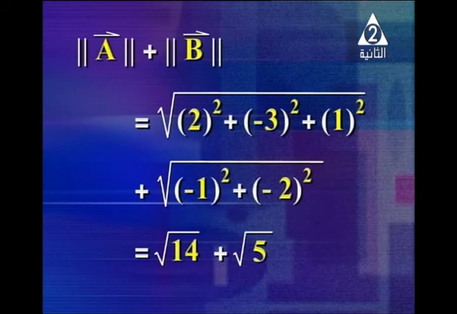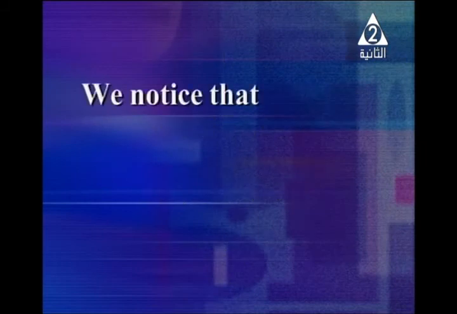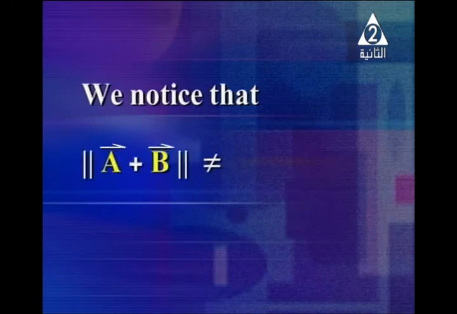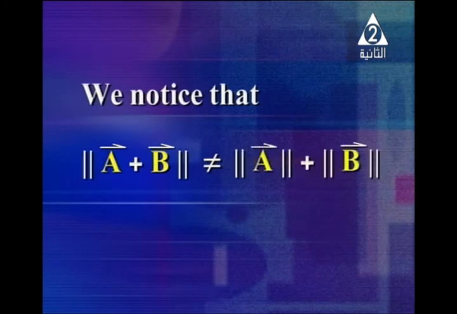We deduce that the norm of A plus B vector does not equal the norm of A plus the norm of B. Remember, dear student, from this example we deduce that the norm of the sum of two vectors does not equal the sum of the norms of the two vectors.